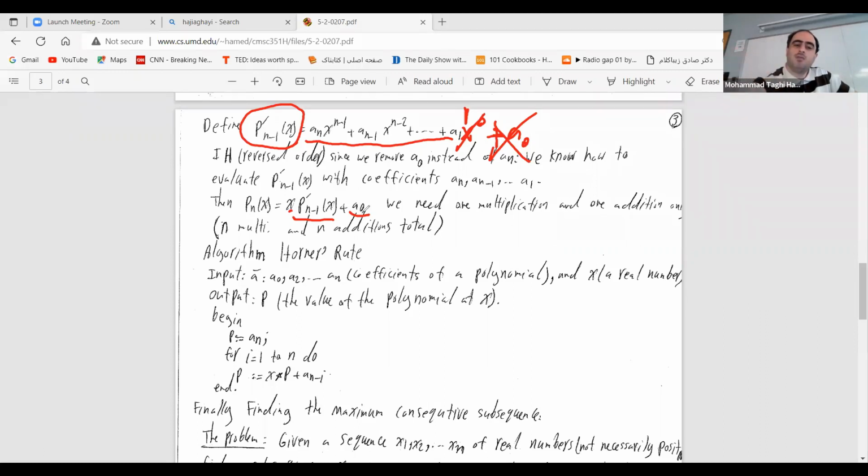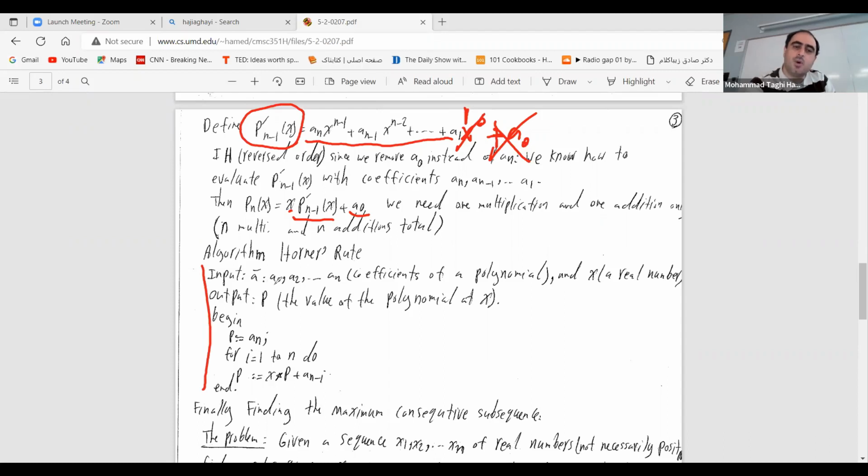Good. Now, to evaluate that, we can do it with such a simple algorithm. What is the input?